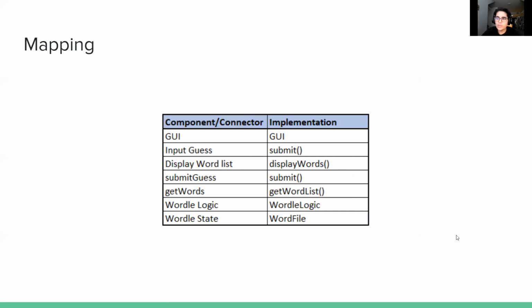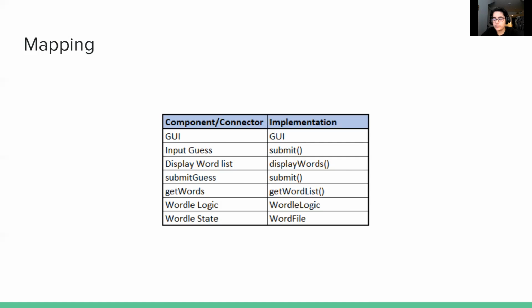So a little bit of a mapping here. The GUI is represented by the GUI class, and your input guess and display word list are the submit and display words functions from within the GUI class. Submit guess and get words are also the submit and the get word list from the Wordle logic side.